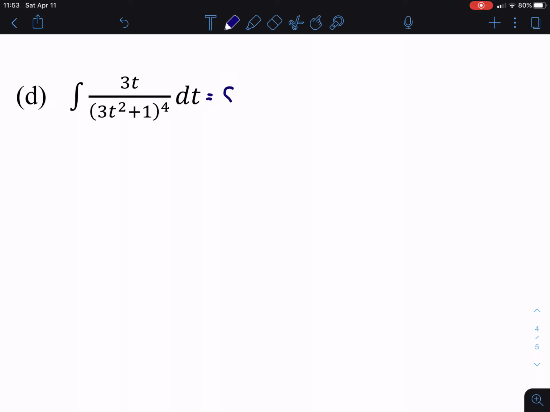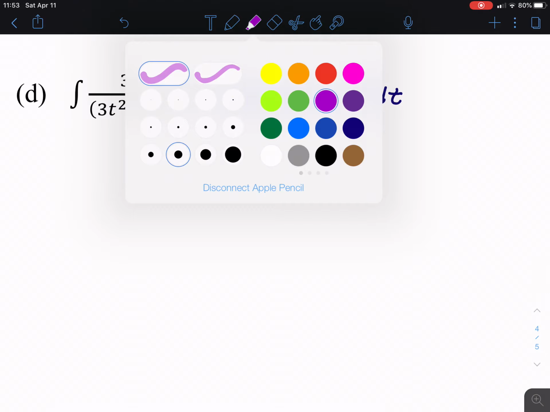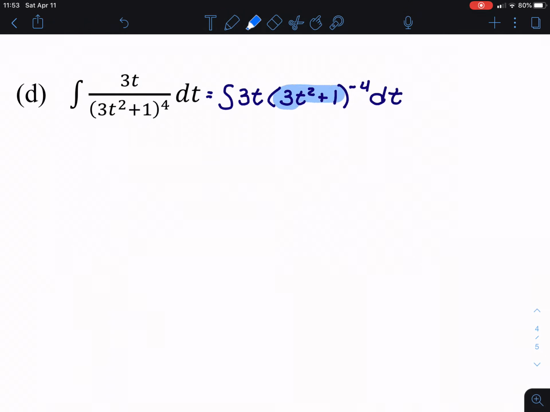So I have the integral of 3t times 3t squared plus 1 to the negative 4th dt. I can see that my inside function is 3t squared plus 1.